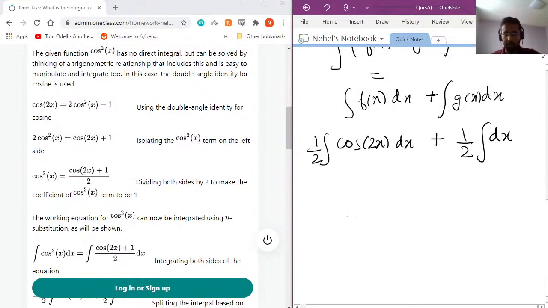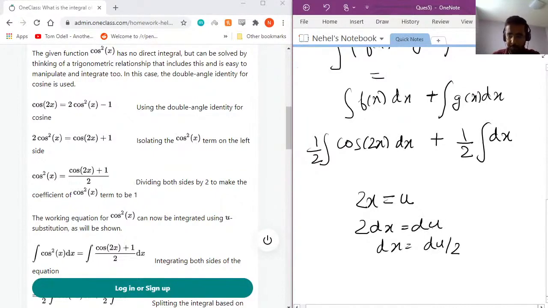Okay, and then when we go ahead and integrate these, we already know that the integral of cos x is sin x, but we have the term cos 2x here. So we can do this with the method of substitution. If we set 2x equal to u and take the derivative of both sides, we would be left with 2 dx equals du, or dx equals du over 2.